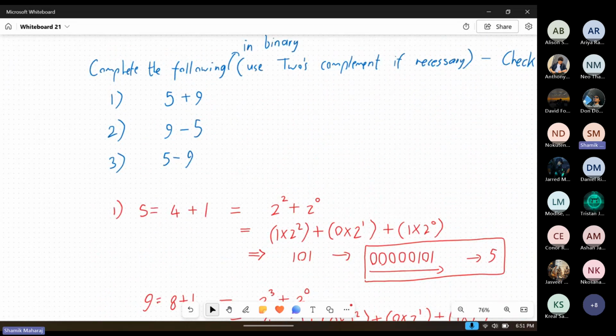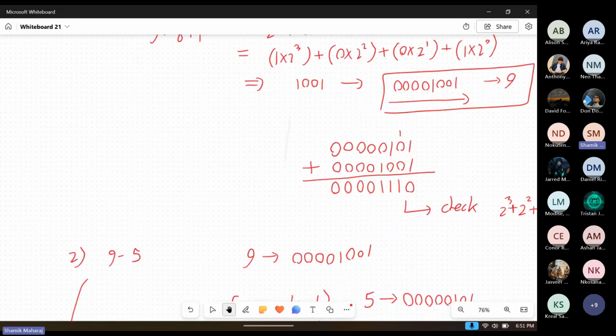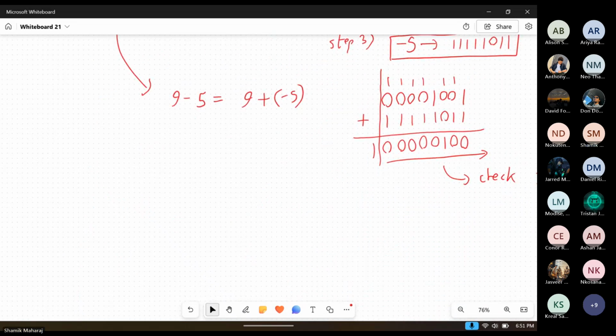Number 3 might take a bit of effort, but we have 9 minutes, so I'm sure we can get through it. 5 minus 9. Let's just take stock of what we have.